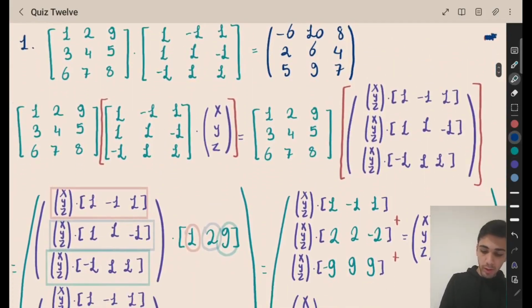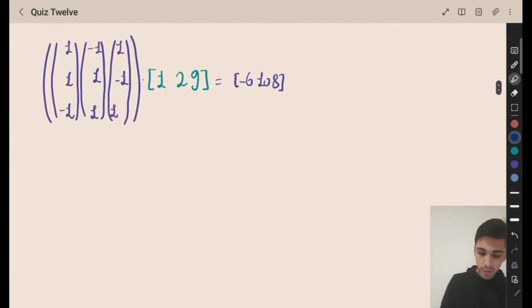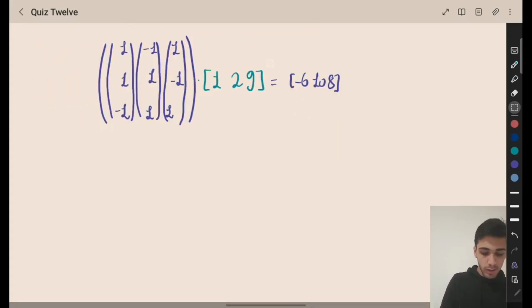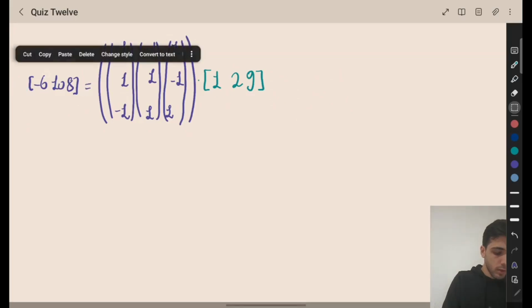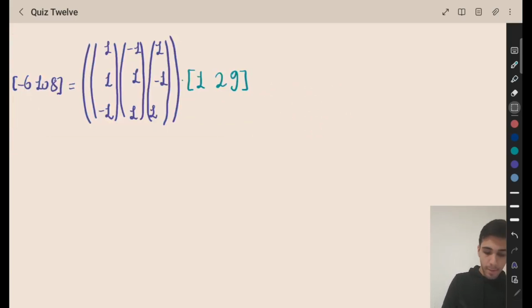This is why we multiply 1, 2, 9 by 1, 1, minus 1 to get the first coordinate. And then we do it again to get the second coordinate, and then we do it one more time to get the third coordinate. Watch this. We know this is minus 6, 10, and 8 on one side, and on the other side, this is precisely a vector.